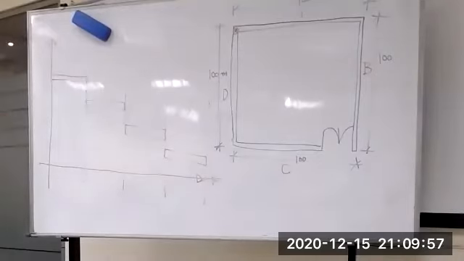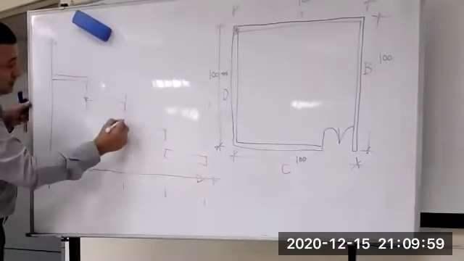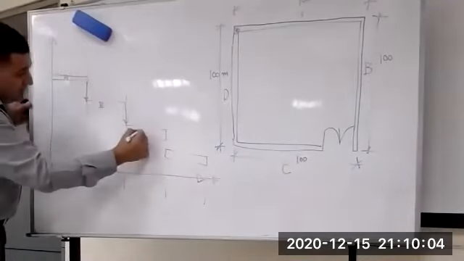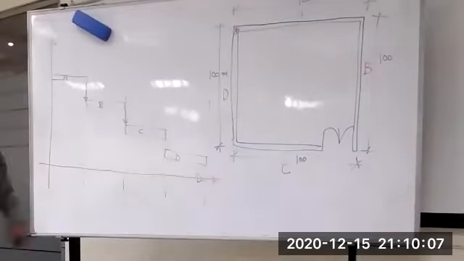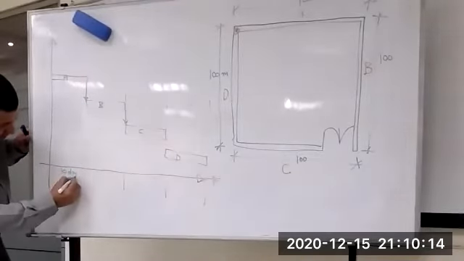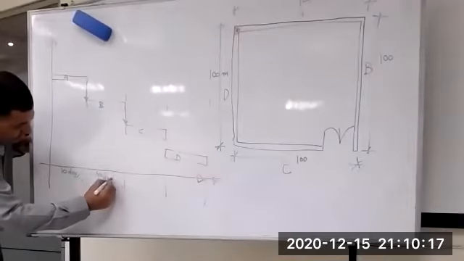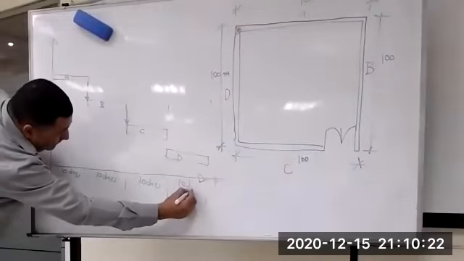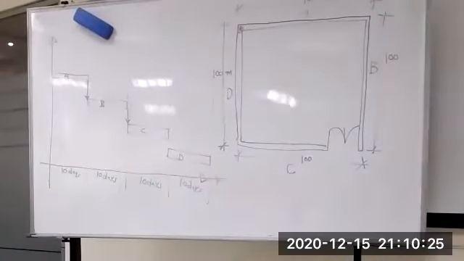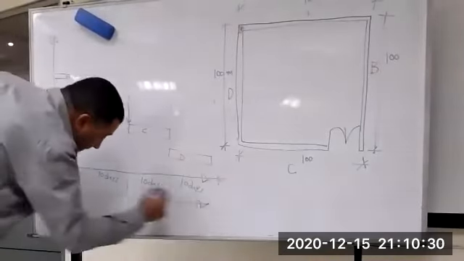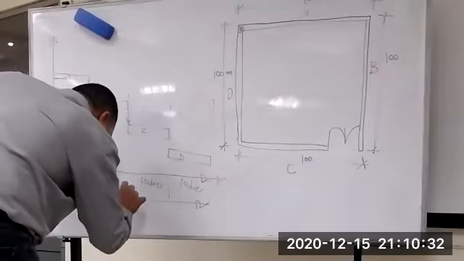A, B, C, D. You estimate that every 10 days you will finish one line, 10 days here, and here, and here, and here. So your total duration for the project is 40 days.